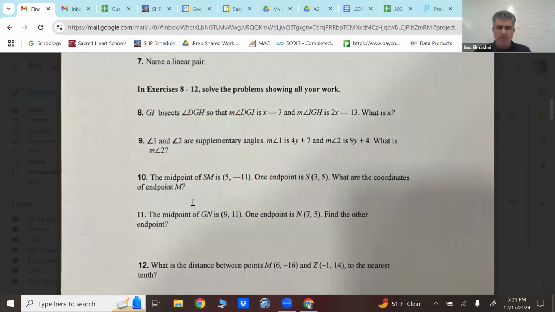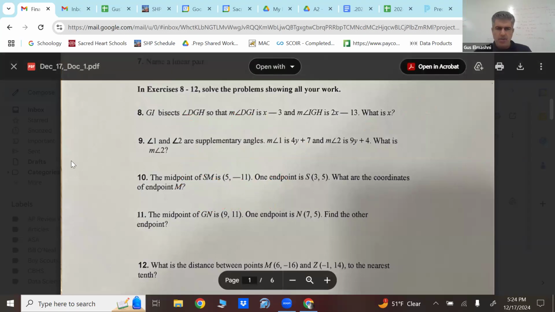Here, GI bisects DGH. So let's see here. 3 and IGH, so you set those equal to each other. So X equals 10.